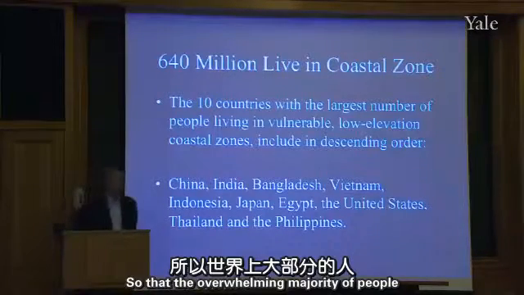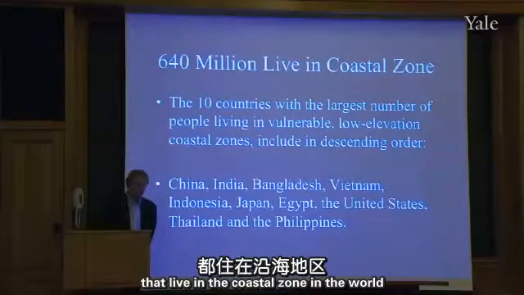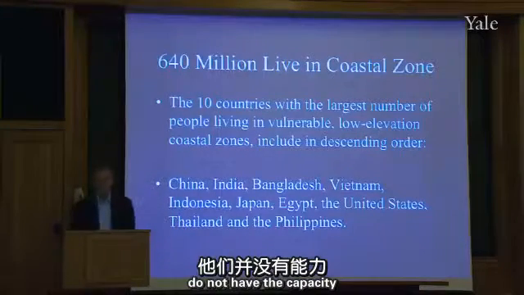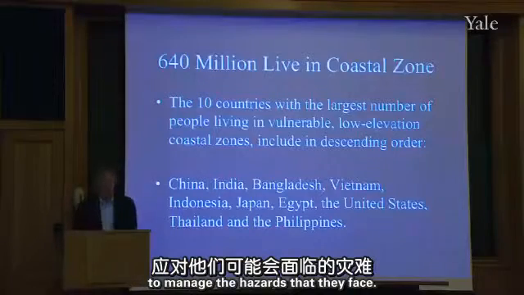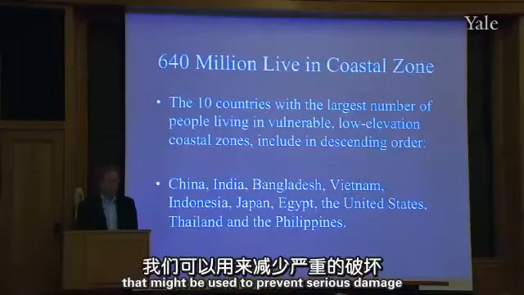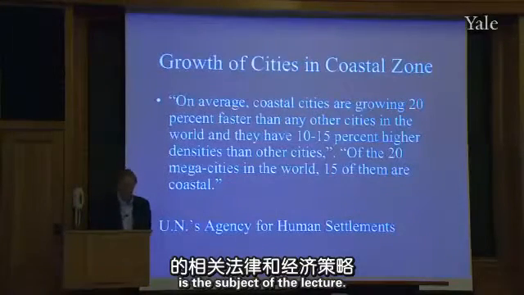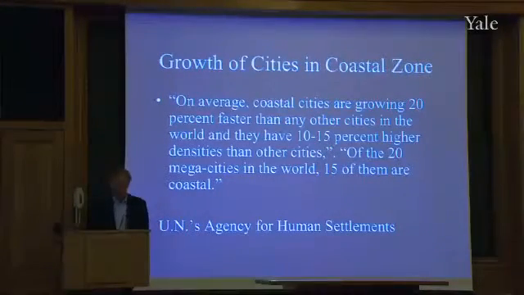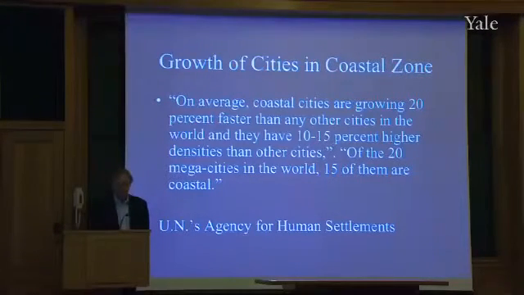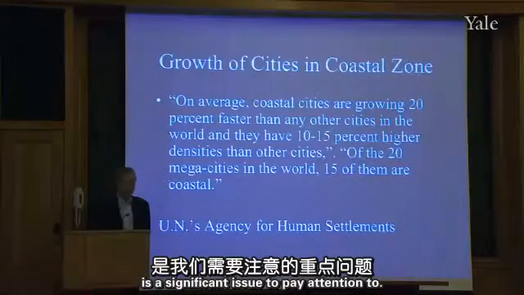So the overwhelming majority of people that live in the coastal zone in the world do not have the capacity to manage the hazards that they face. And the variety of legal and economic strategies that might be used to prevent serious damage is the subject of the lecture.